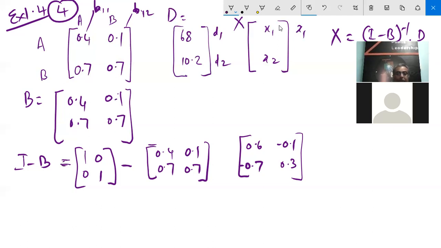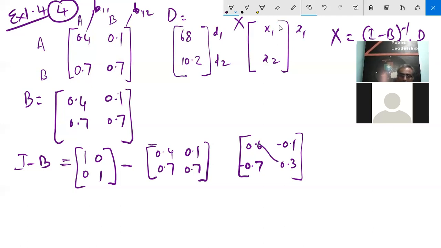Okay. Now, you are getting I minus B: 0.6, minus 0.1, minus 0.7, 0.3. Now you also find out, this is the diagonal.